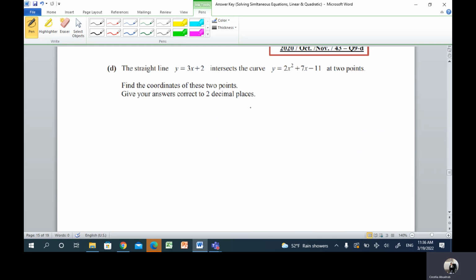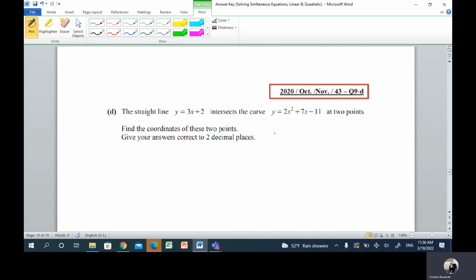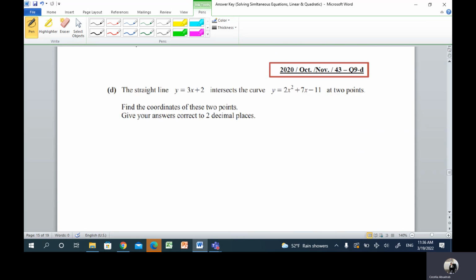I'm going to go to this question here, where we have one linear equation and a quadratic equation, and we're going to solve them. So like we said, we always substitute the expression of y from the linear equation into the quadratic equation.